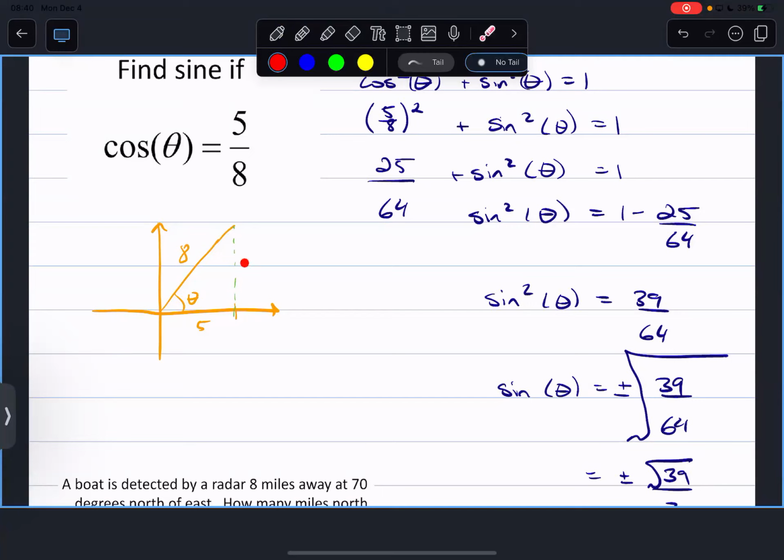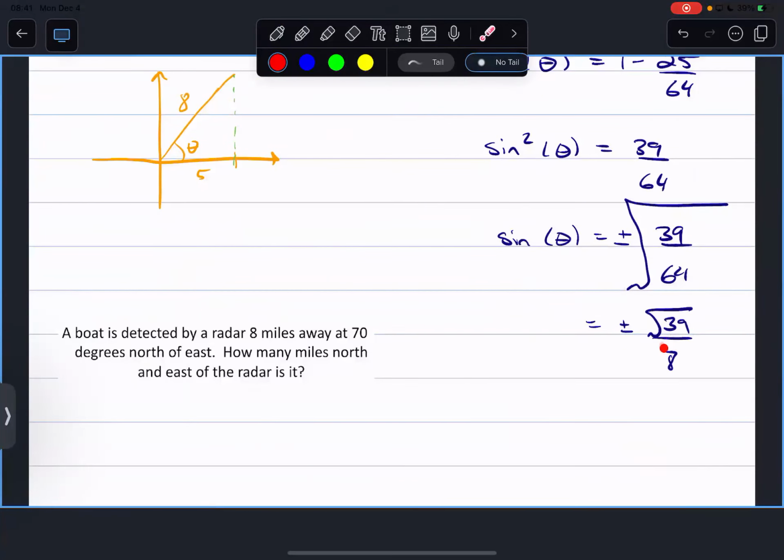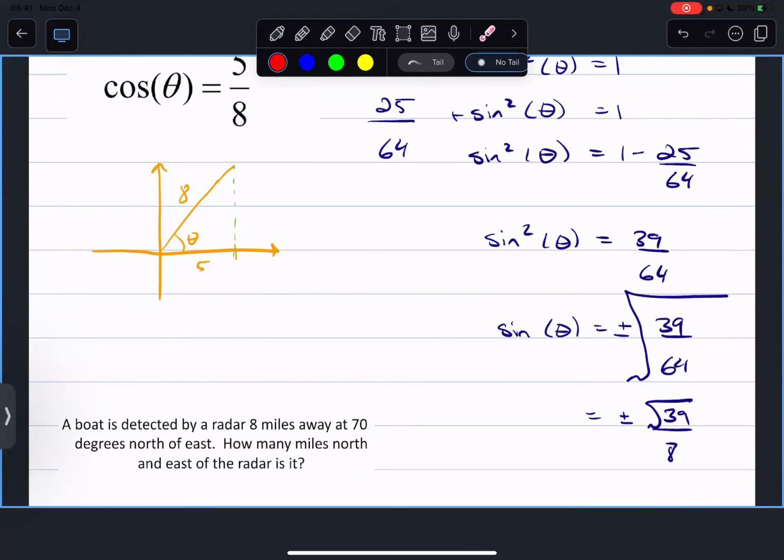But also what I'm trying to get at is that if 5/8 is in quadrant 1, so cos theta is in quadrant 1, then of course sine theta has to be in quadrant 1. So we were given two options here, right? But my sine theta has to be positive.